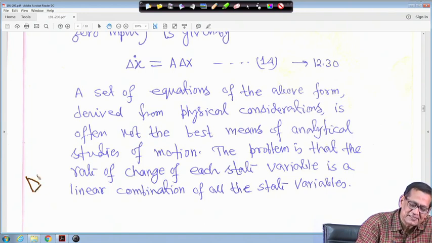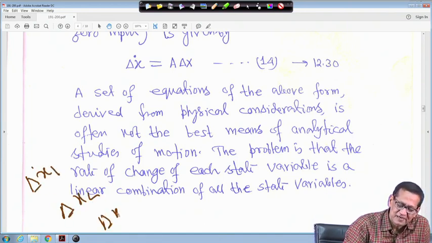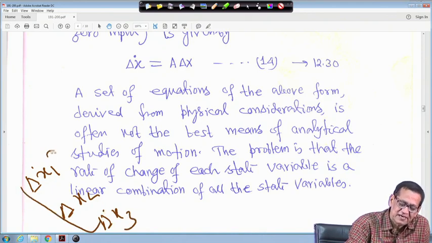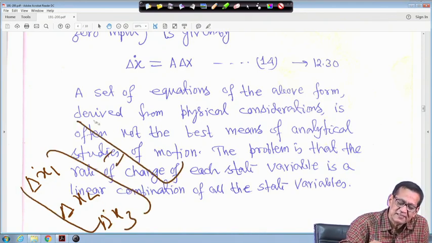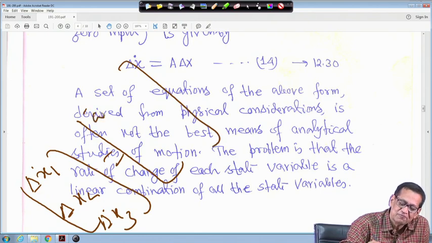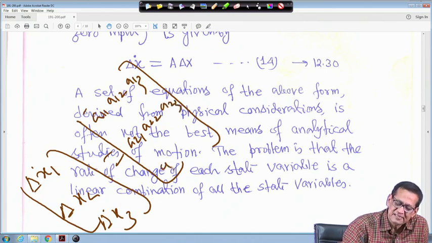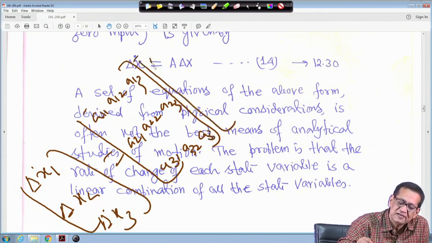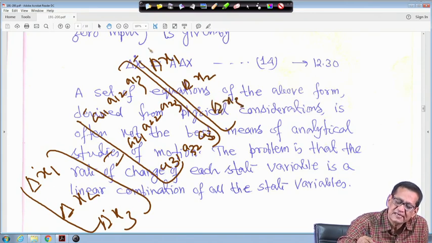This is my delta x1 dot, delta x2 dot and delta x3 dot, and this side is the A matrix, that is A11, A12, A13, A21, A22, A23, say it is a full matrix, some other elements may be 0, A31, A32 and A33, and this side is your delta x1, delta x2 and delta x3.